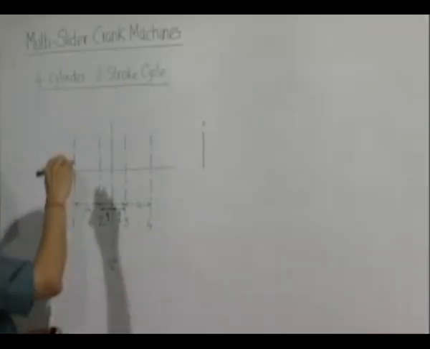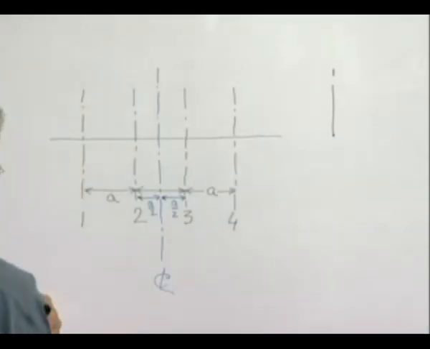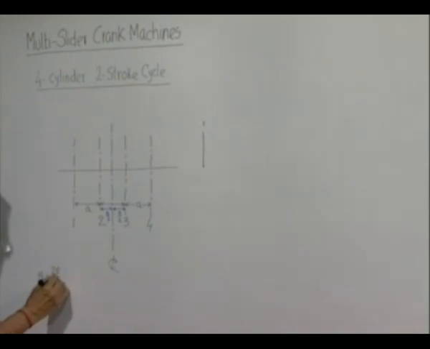Now if it is a 2-stroke cycle, then the angle between two consecutive firing cranks will be 2 pi by 4, that is theta will be equal to pi by 2, and let the firing order in this case be 1, 2, 3, 4.